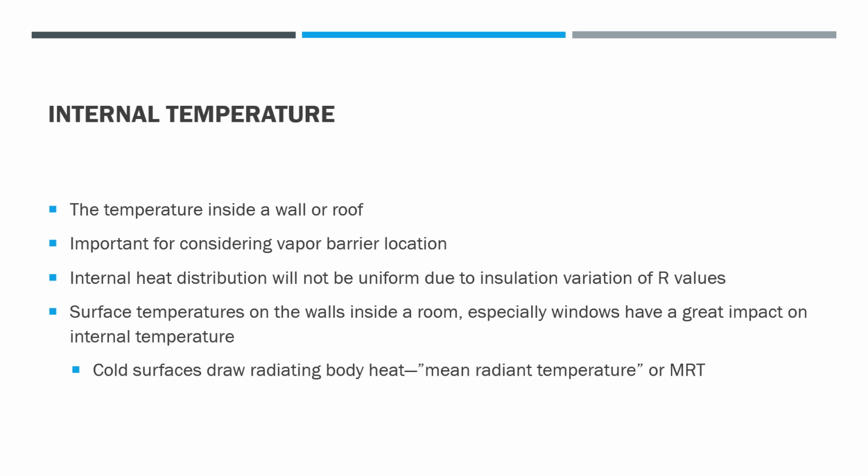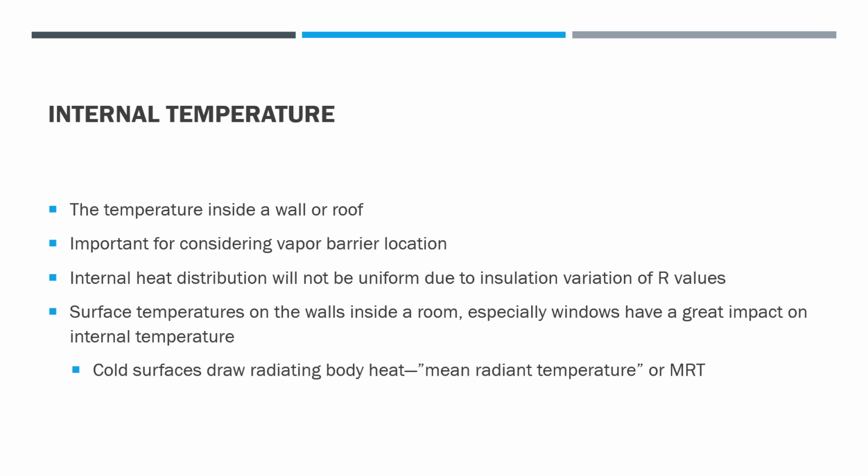And there's a lot of other factors that we have to determine in order to find the ideal internal temperature that's going to make everyone comfortable. That's how many people are going to be in there, what light fixtures you're going to have, what other appliances you're going to have. All those give off heat, and what infiltration and ventilation we're going to have. The other thing is that heat distribution is not going to be uniform due to the variation of the R values in given walls.